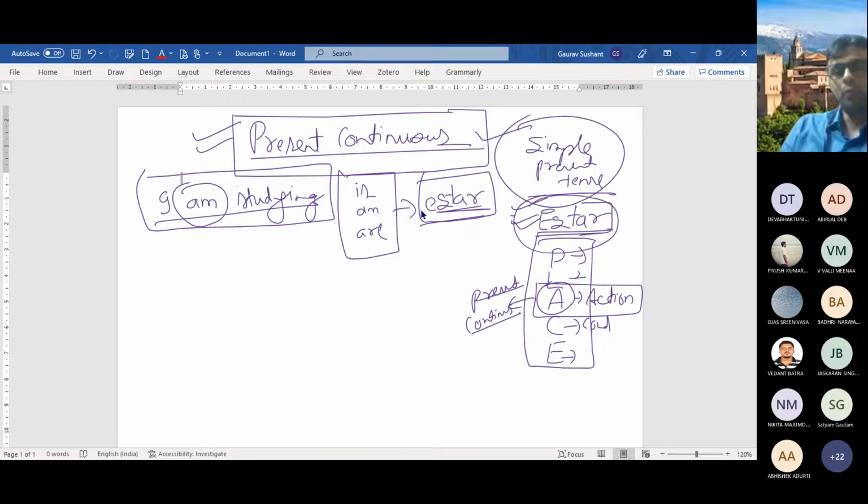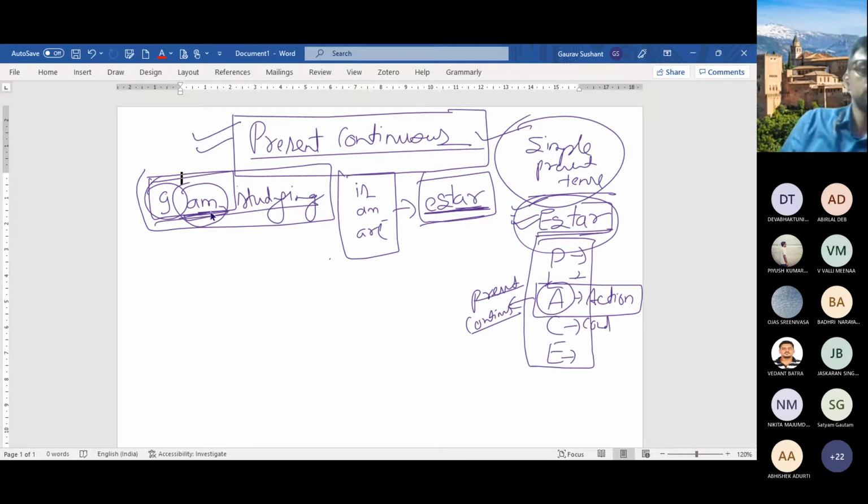The estar form will be changed according to the subject.